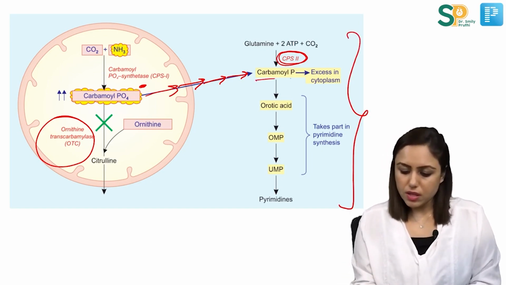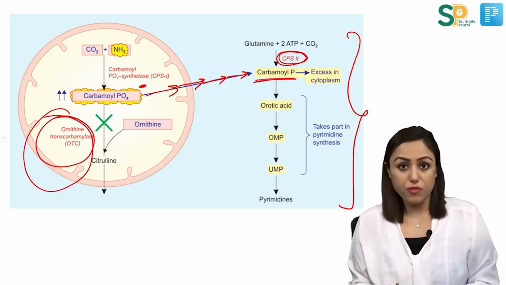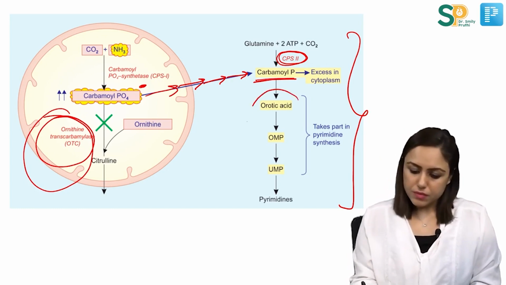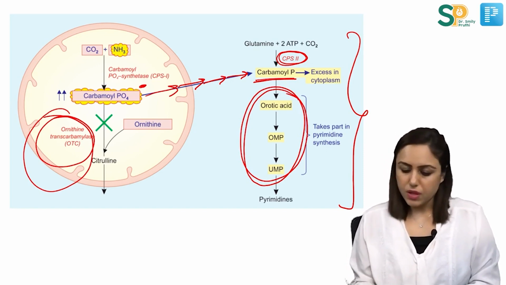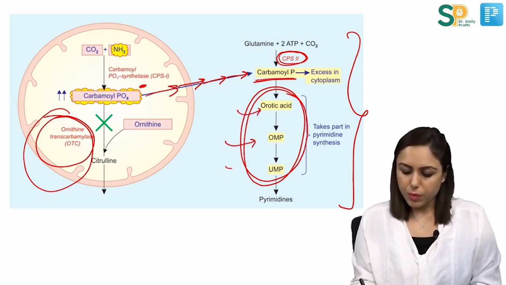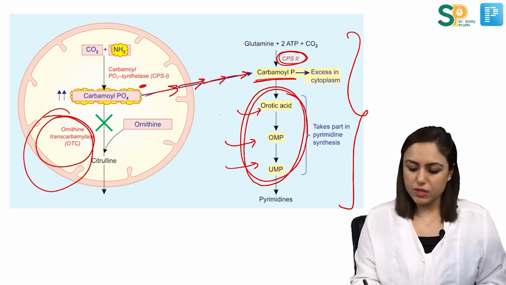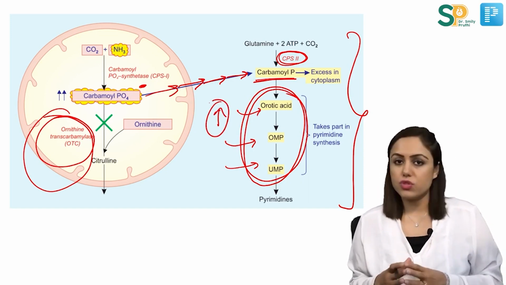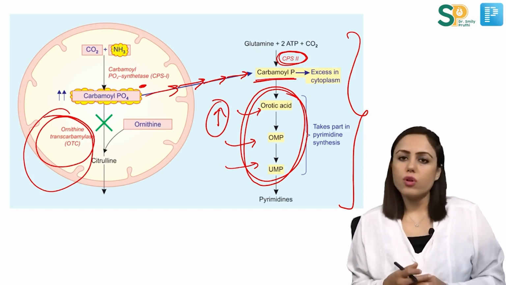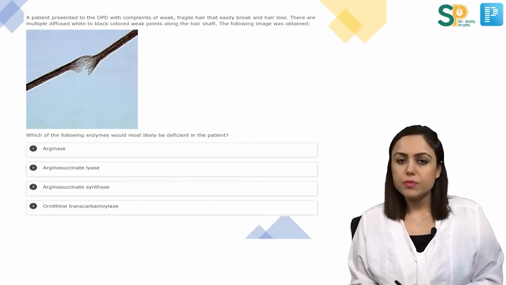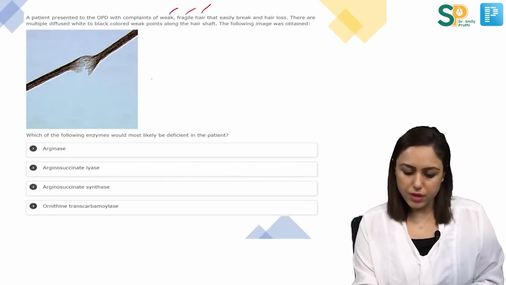So if there is excess of carbamoyl phosphate because of ornithine transcarbamylase defect, then these substances will be increased in patient's body, that is orotic acid, OMP, UMP, right. So whenever they tell you any of these things raised plus ammonia raised or urea cycle, hyperammonemia, clinical picture, then go for OTC defect.